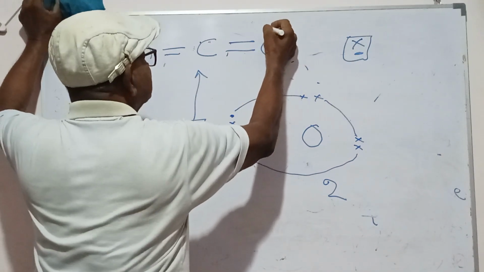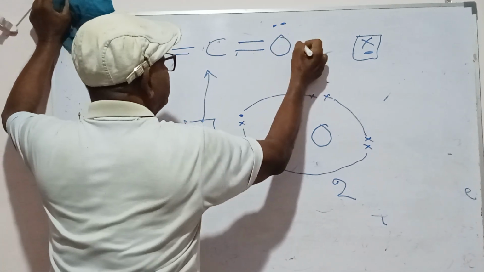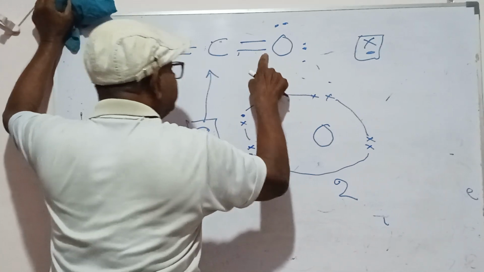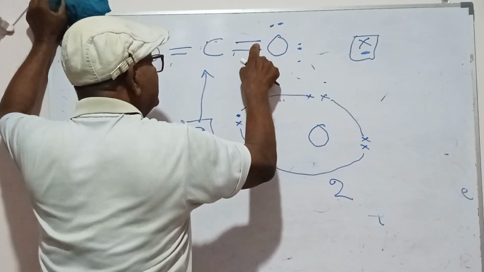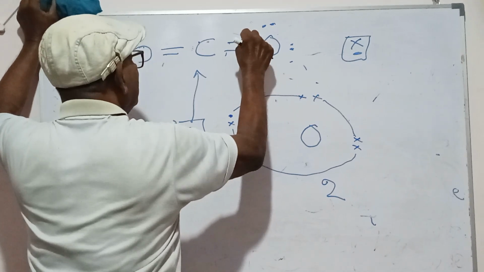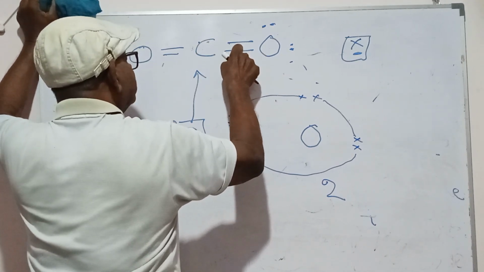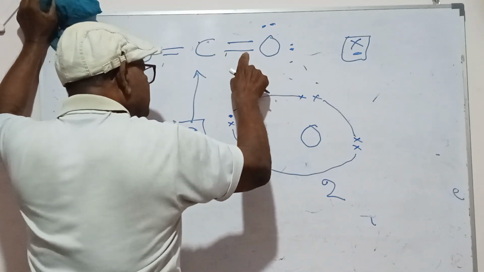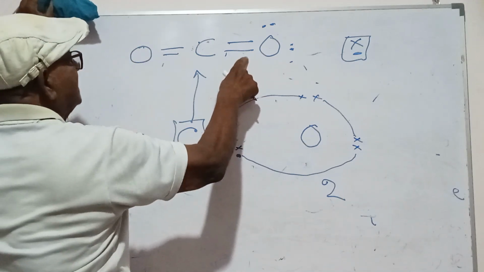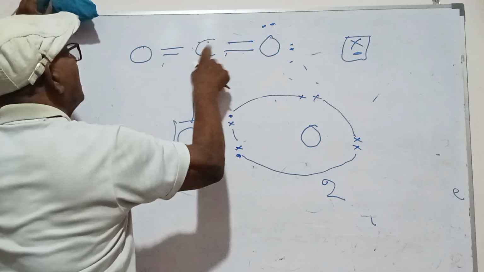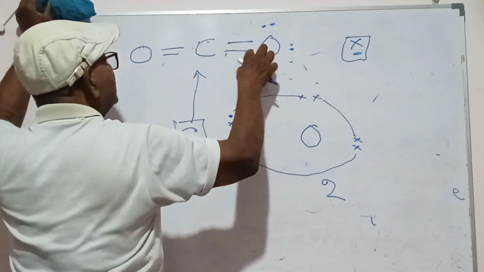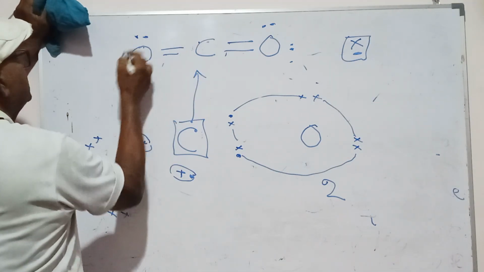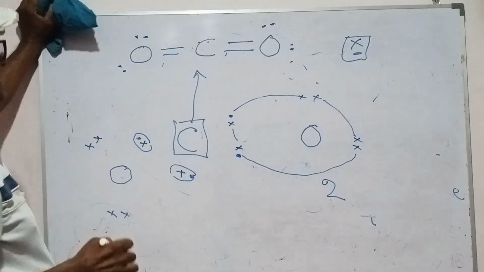Then this oxygen has 1, 2, 3, 4, 5, 6, 7, 8, because one line shows 1 electron pair: 1 electron from carbon, the other electron from oxygen. Altogether now oxygen has 8 electrons. This side is also the same. Then we must show the other electron pairs like this.